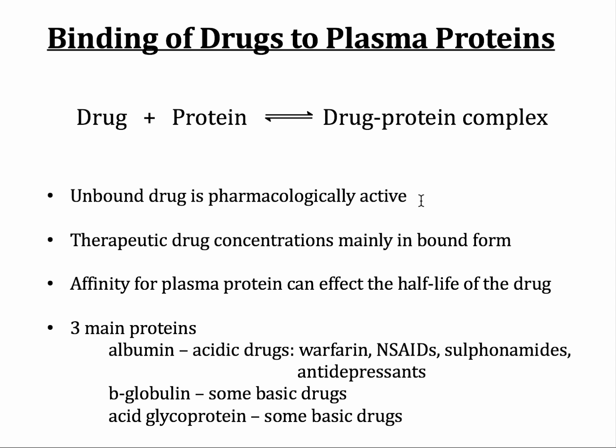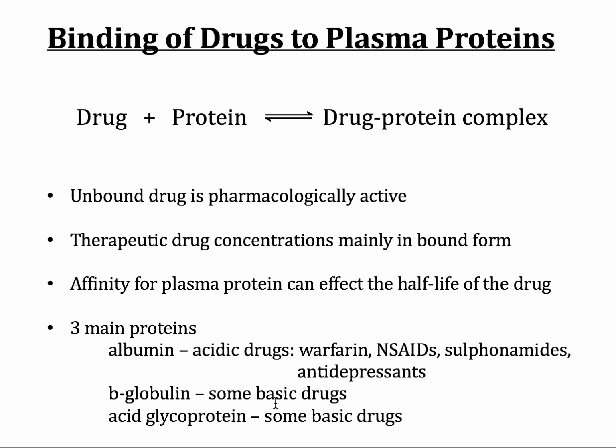pharmacologically active. So the three main proteins mentioned before, one I mentioned in particular, which is what you should know, is albumin. There's beta globulin and acid glycoprotein. Acidic drugs like warfarin, an anticoagulant, NSAIDs, analgesics, sulfonamides, and antidepressants like fluoxetine, and there's many different ones, are usually the more common ones, and are mainly bound to the plasma protein albumin.